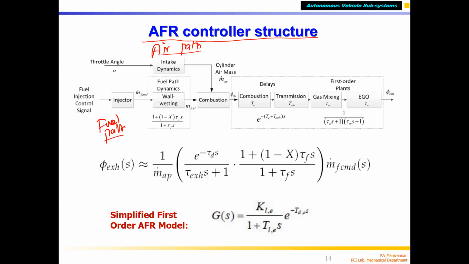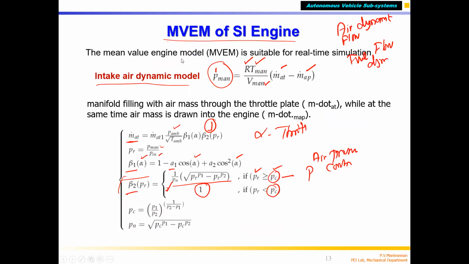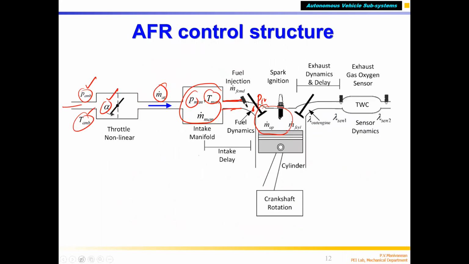In the air path, finally there is the cylinder air mass. Cylinder air mass depends upon the intake dynamics. The intake dynamics is what we have explained here, the whole thing from here up to this.